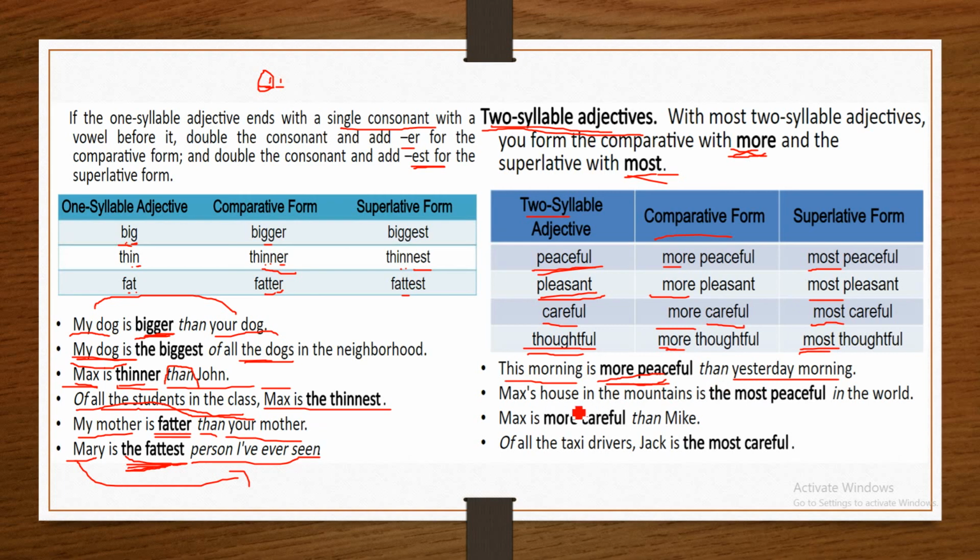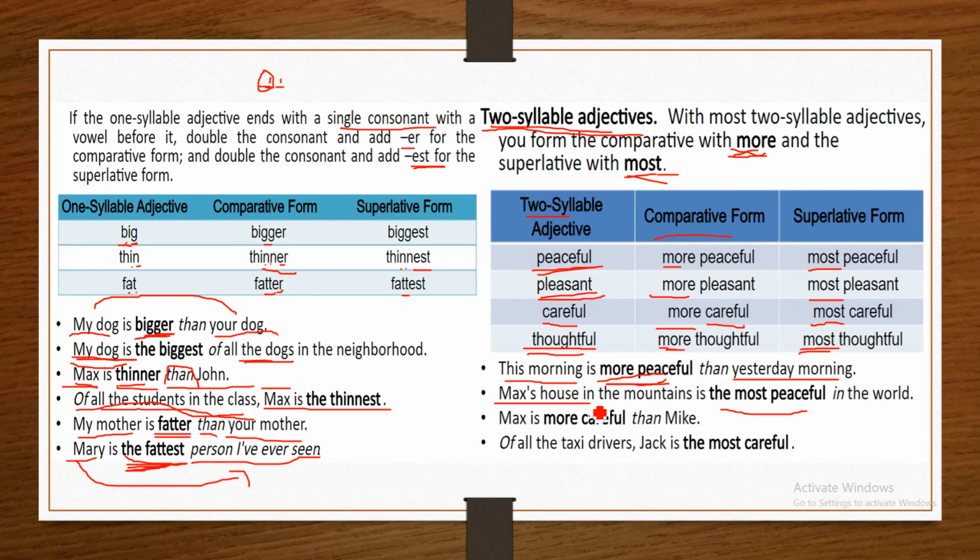Max's house in the mountains is the most peaceful in the world. Max's house is compared to a group of houses.